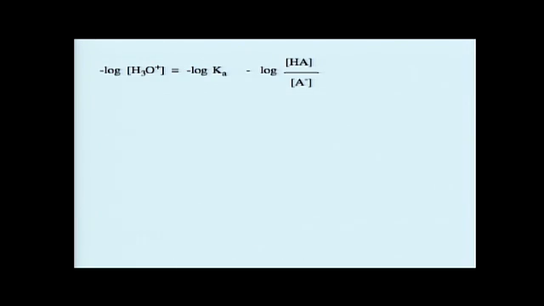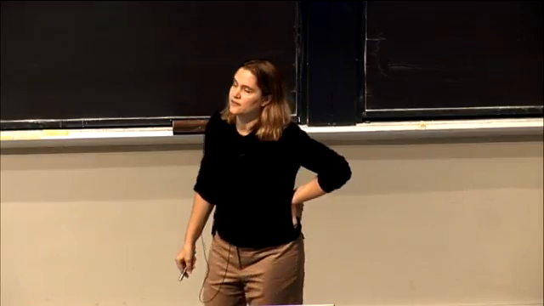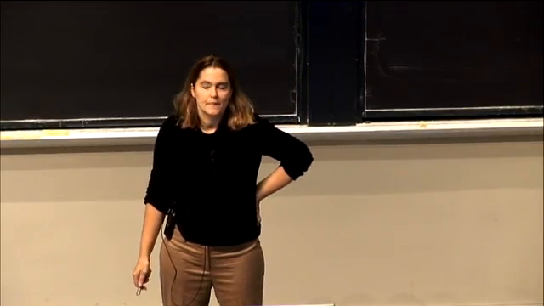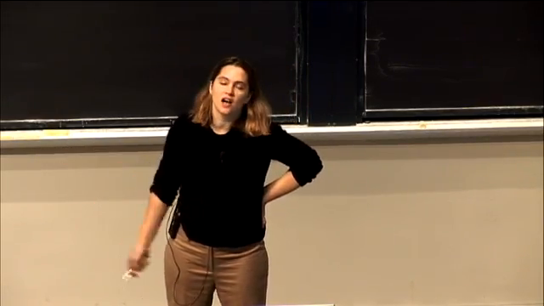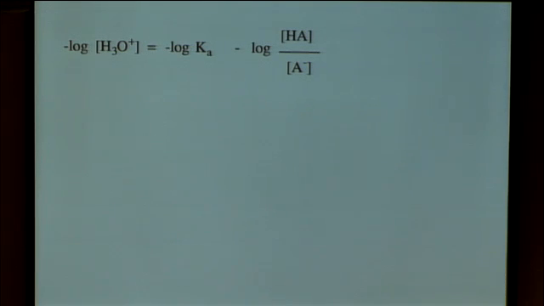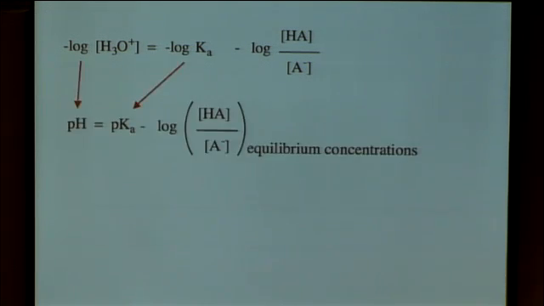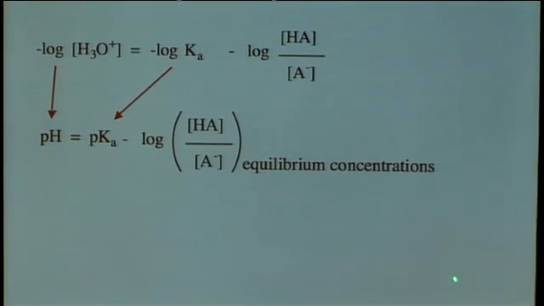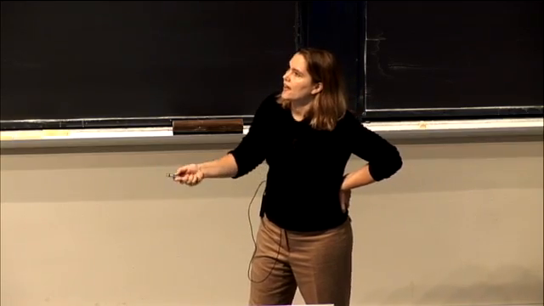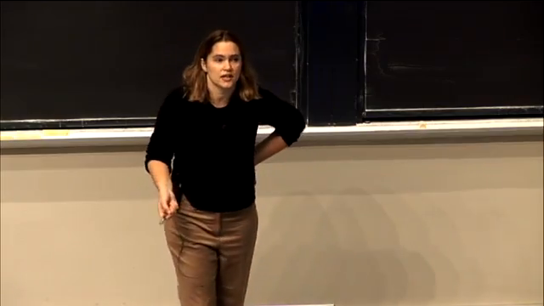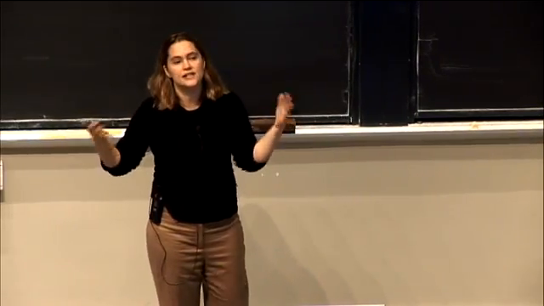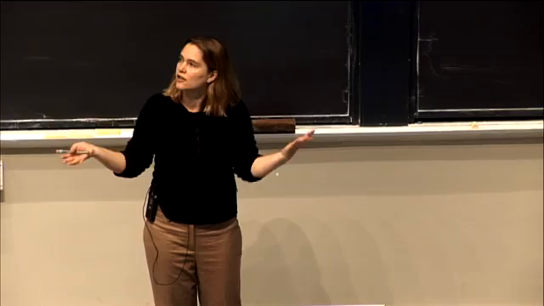So what is minus log of hydronium ion concentration? pH. What's minus log of Ka? pKa. So we have pH equals pKa minus the log of the concentration of your acid over the concentration of your conjugate base.